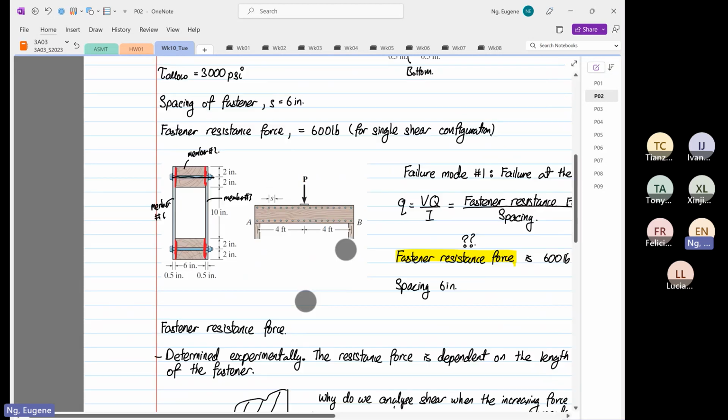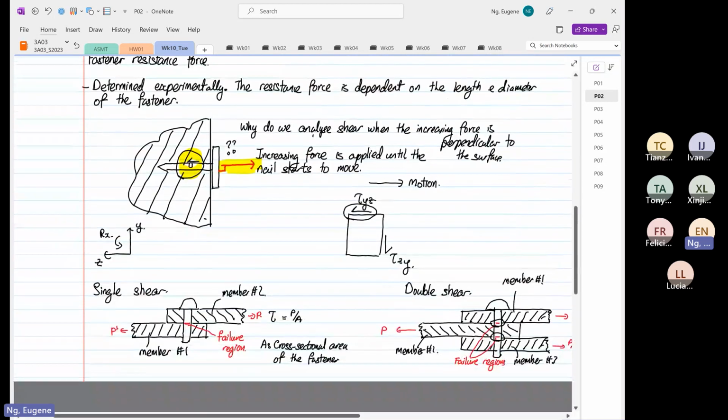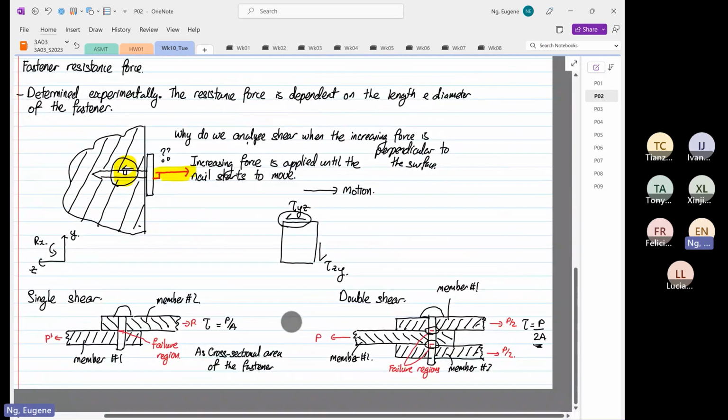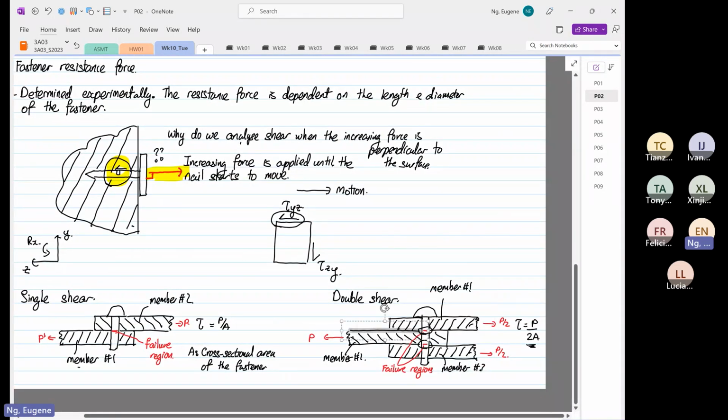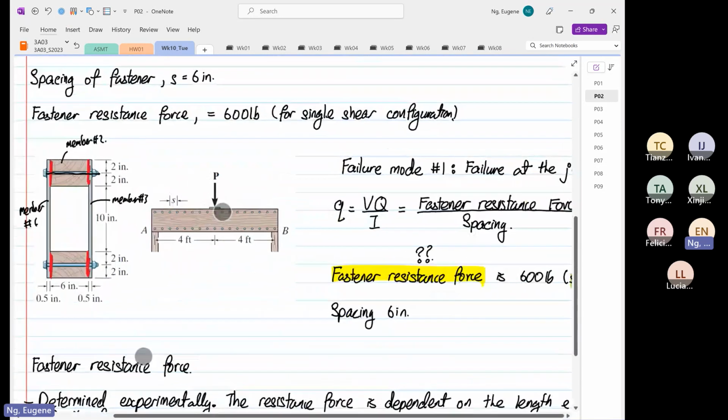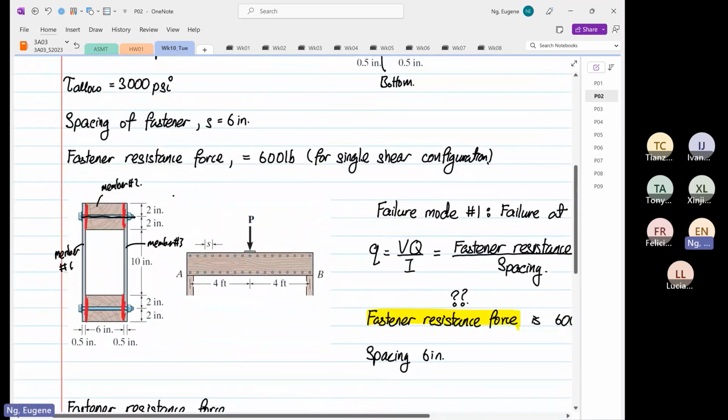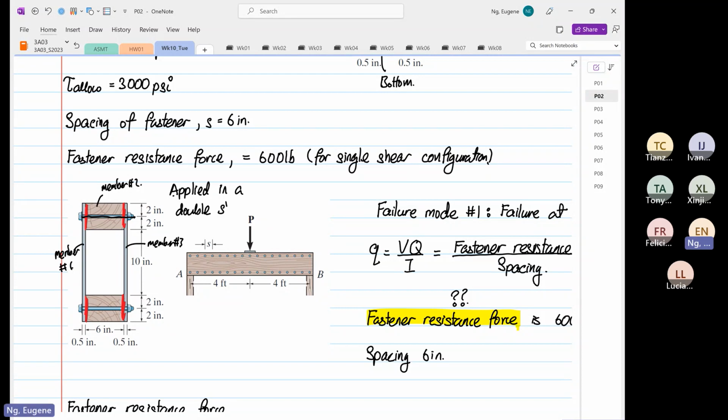If it's a single shear, you only have 2 members. Double shear, you have 1, 2, and 3 members. So for this case, it's applied in a double shear configuration. Okay, not single shear, but double shear.